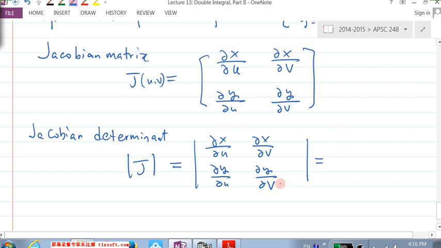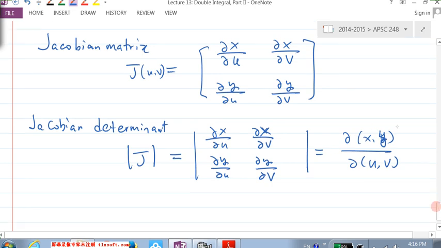You multiply this by this, minus this multiplied by this. Quite easy. Sometimes in the literature they represent this determinant using this symbol. If you don't like this one, just forget about it. The point is we can get the so-called Jacobian determinant, based on the Jacobian matrix.